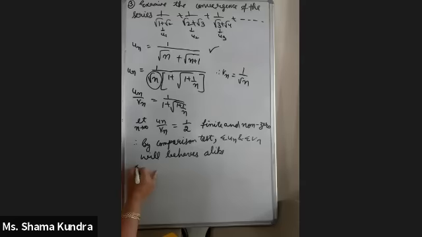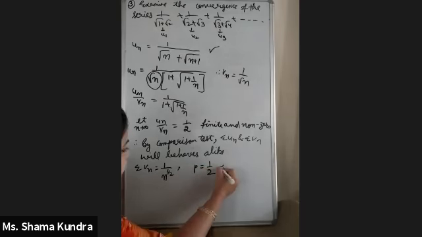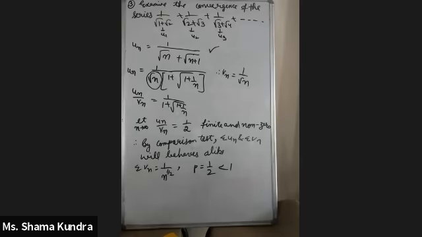Now, series Vn is 1 over n raised to power 1 by 2. Now we have to use the p-test. So here p is 1 by 2, and 1 by 2 is less than 1.